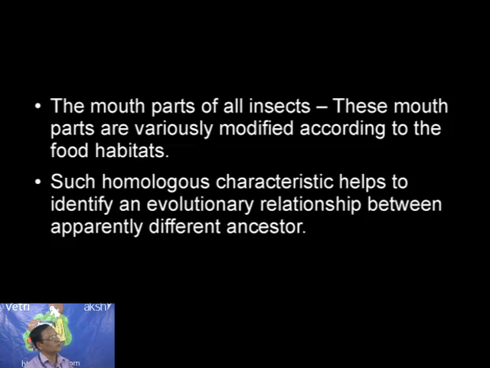So it is also an example of homologous organs and the phenomenon of homology. And normally such homologous structures help to identify an evolutionary relationship between apparently different ancestors. They have different ancestors, but they converge to perform one function, or we can say they deviate from one point.